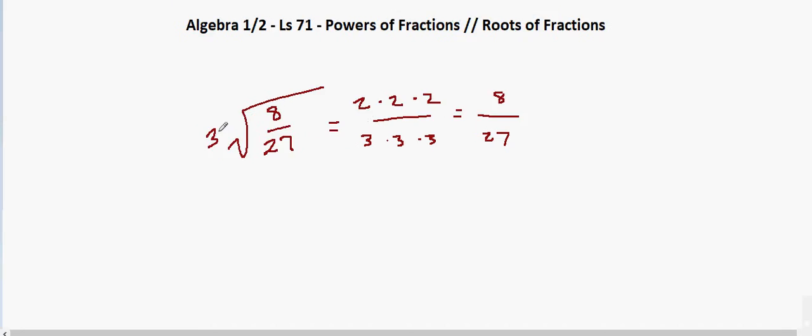So the cube root of 8 over 27 is 2 over 3. What number used as a factor 3 times equals this given number?